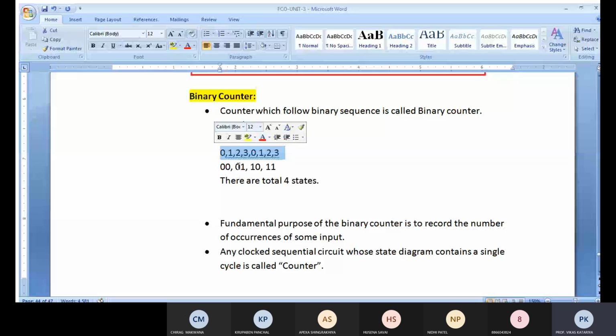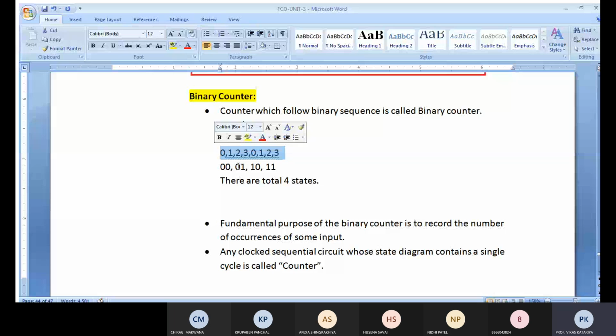So in this way, it only generates 0 1 2 3, then 0 1 2 3 again. So this is how the binary counter works.